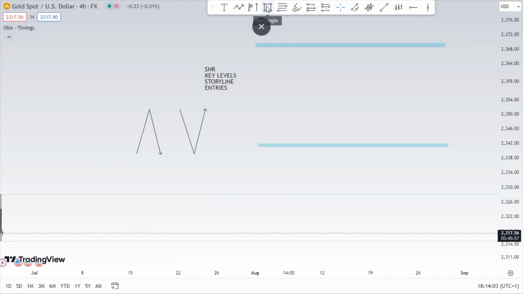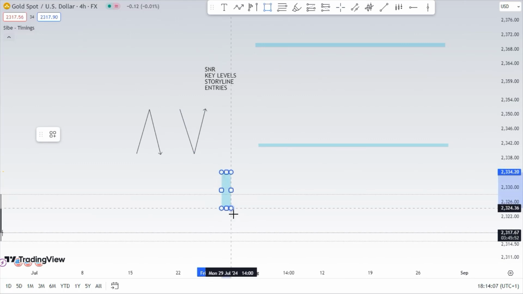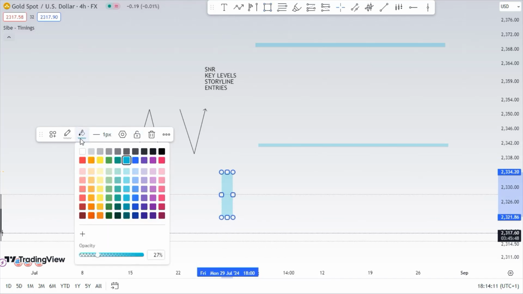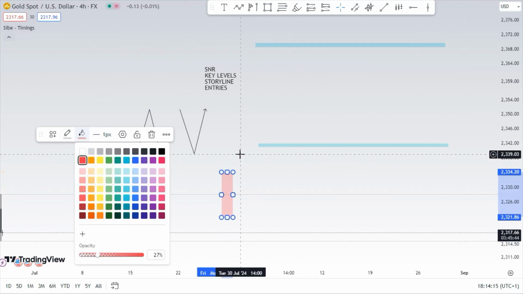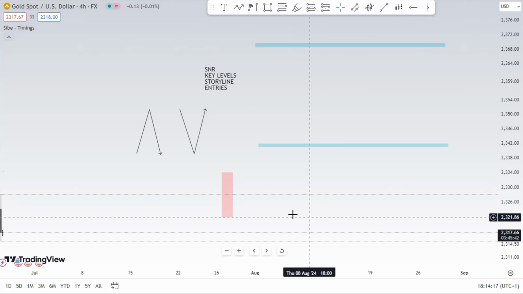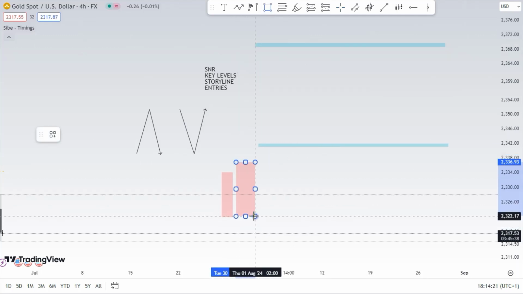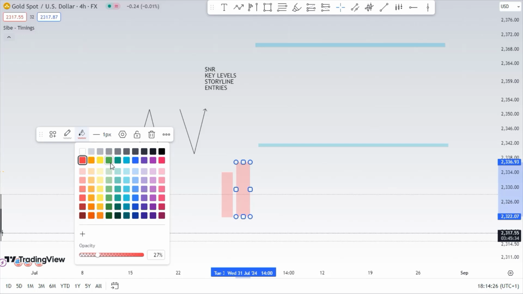Now on the candlestick chart, let me give you an example. Let's say price was going down. So this is a down close candle. Let me represent this by red. And then we have the next candle, which becomes an up close candle.